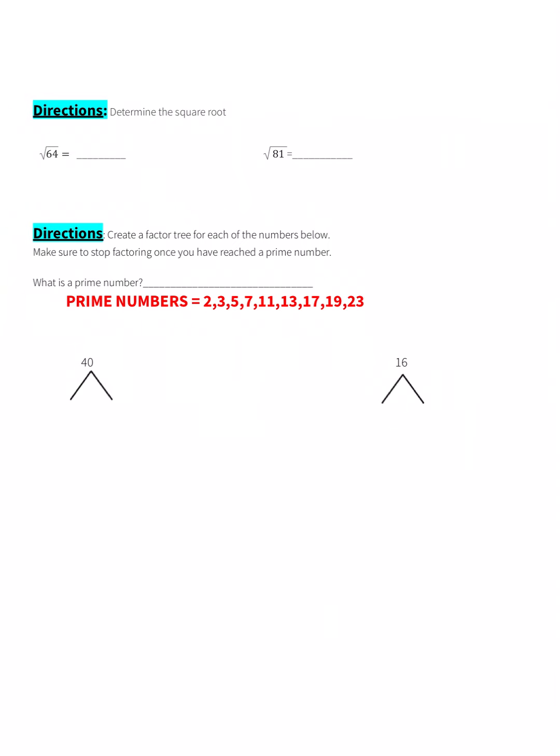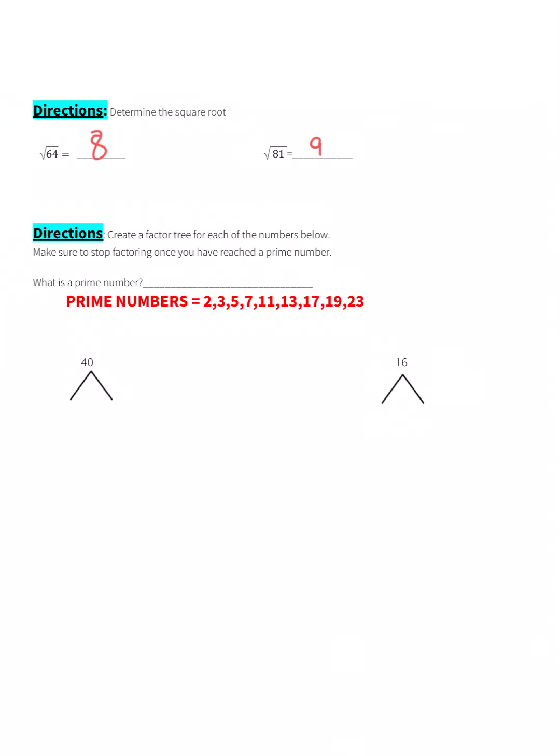So the square root of 64, you'd put it in your calculator and you would get an answer of 8, because this is a whole number. Okay, that's a perfect square. 8 times 8 equals 64. Next, the square root of 81 is a perfect square, and if you put that in your calculator, you'd get an answer of 9, because 9 times 9 equals 81.